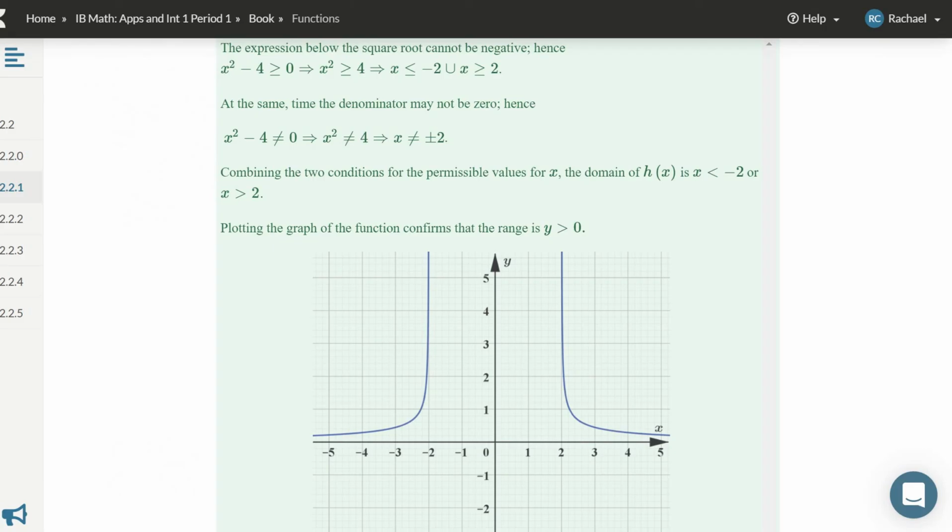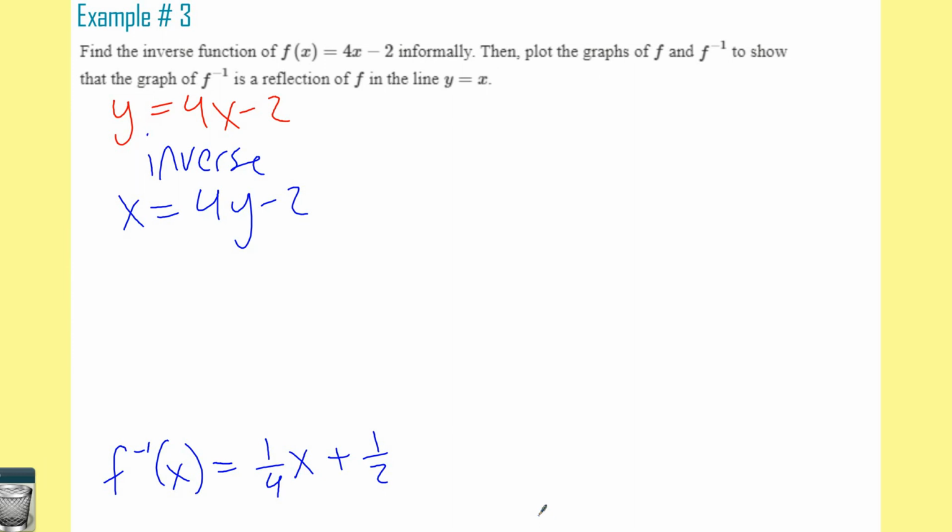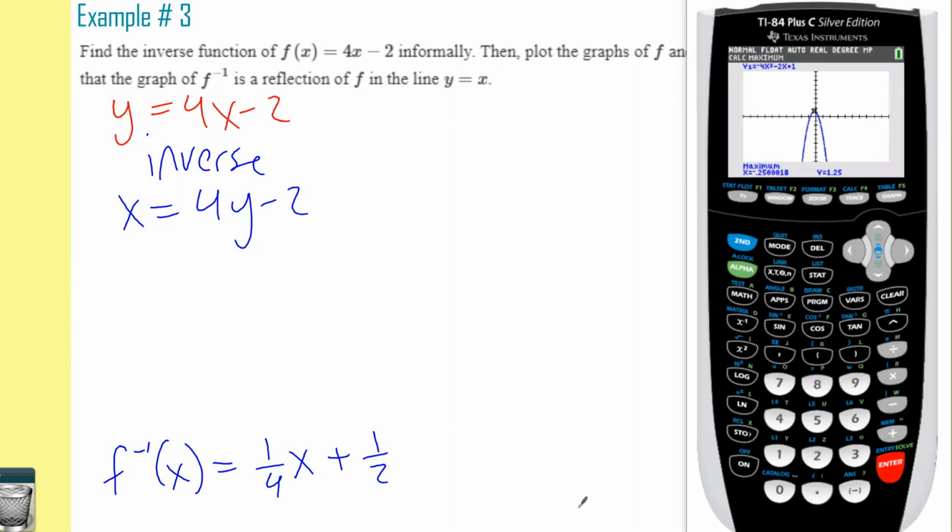All right, the next thing is I want to graph it. So we're going to clear that out. We have the original equation. Just so I don't confuse you, my second one is in red, so I'll make that one my original equation, 4x minus 2, and then the blue one I'll do in my blue writing.